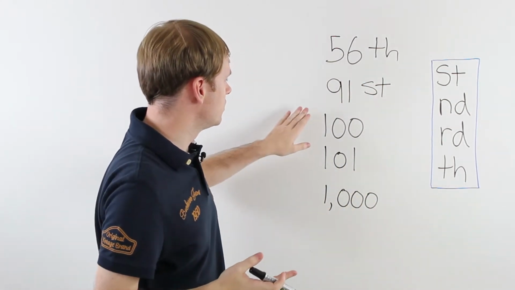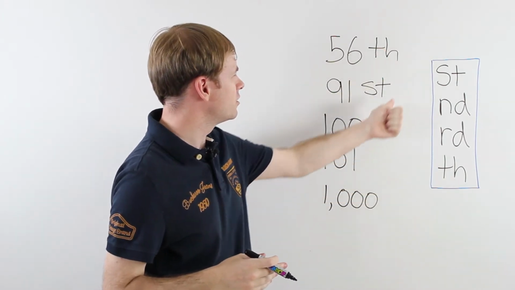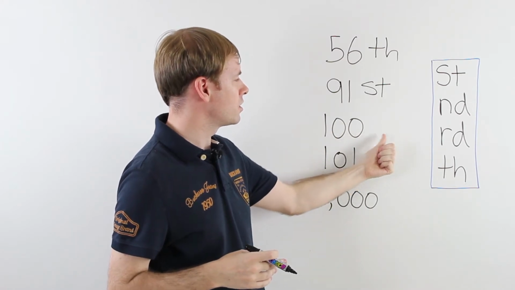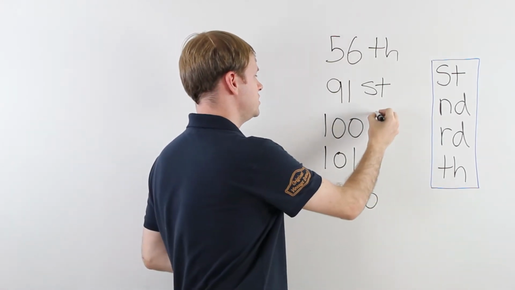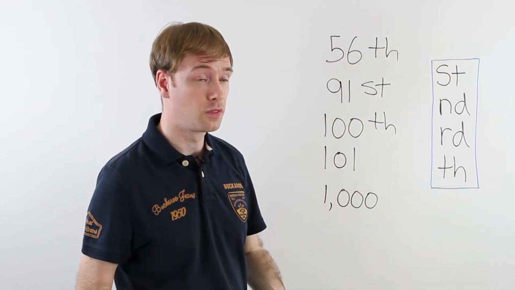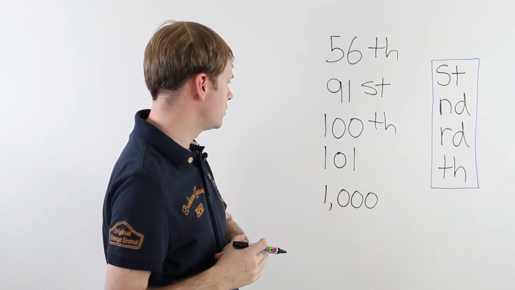All right, the next one is 100. So we have to choose one of these. 100th, okay, it's going to be the TH. 100th. All right, and the next number, 101.